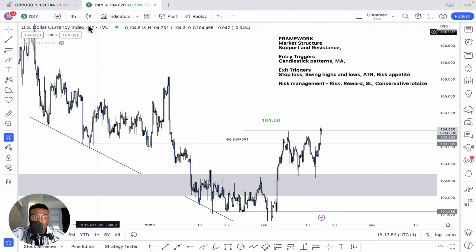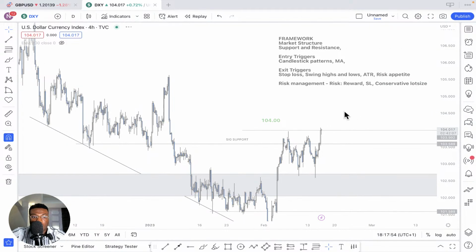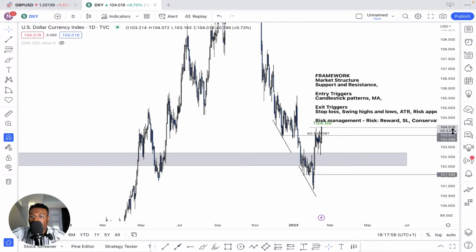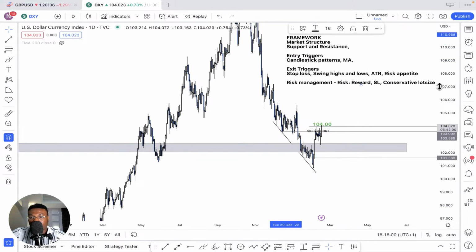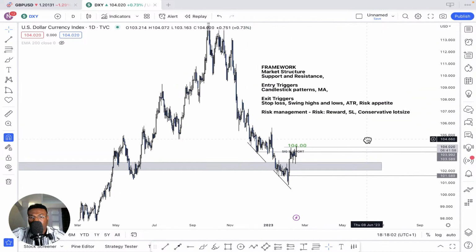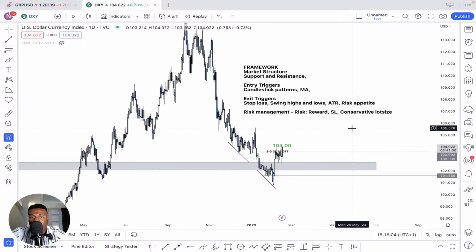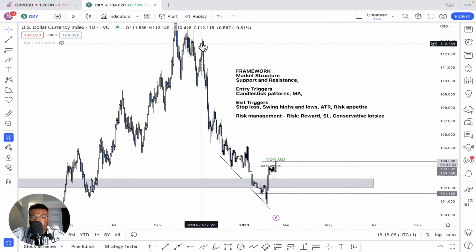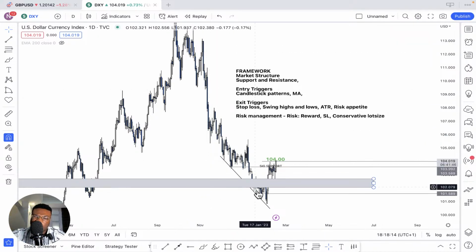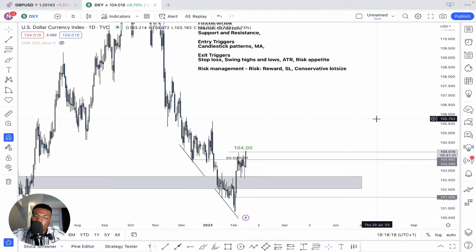So I'm just going to go to the higher time frame. Let's go to the daily time frame. Obviously for a very long time, I think from November 2022, the dollar index has been on a downtrend, and now we are starting to see a recovery.